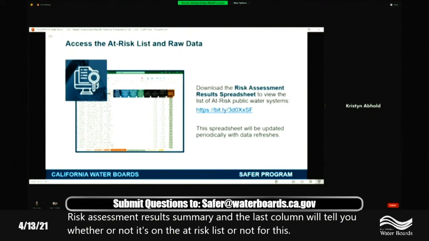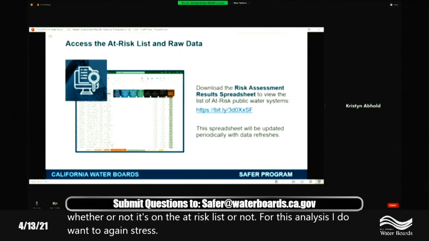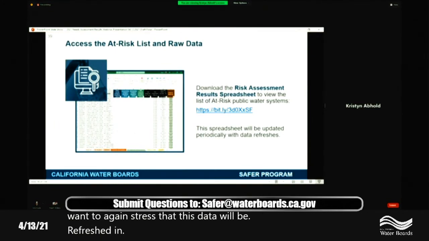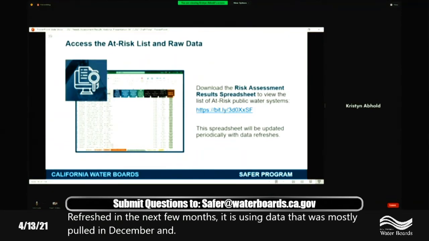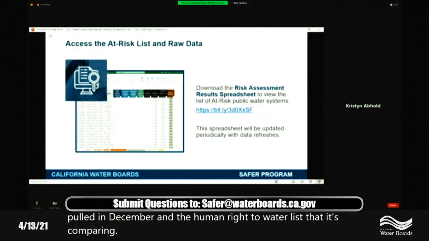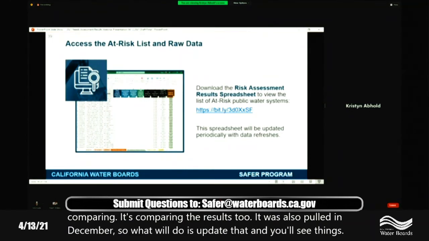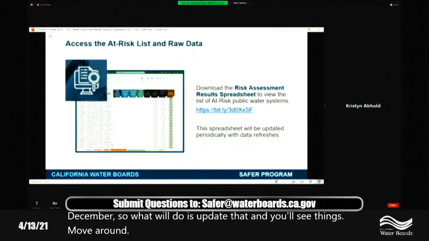I do want to again stress that this data will be refreshed in the next few months. It is using data that was mostly pulled in December, and the human right to water list that it's comparing the results to was also pulled in December. So what we'll do is update that, and you'll see things move around. But let us know. Go ahead.